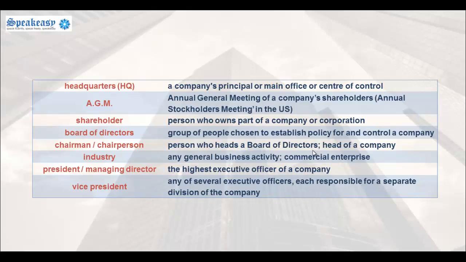A shareholder is a person who owns part of a company or corporation. The board of directors is the group of people chosen to establish policy for and control a company. The chairman or chairperson heads the board of directors.